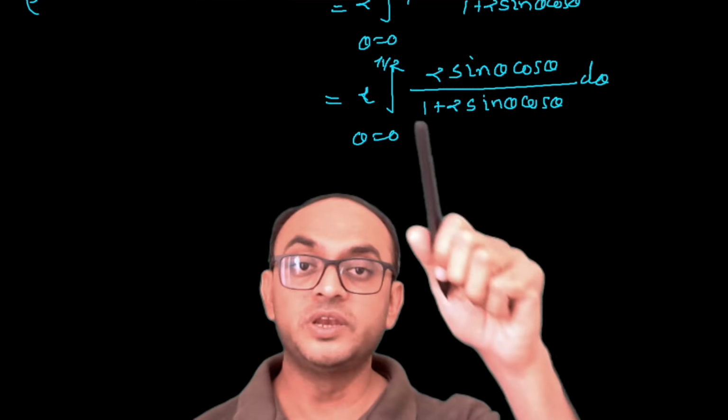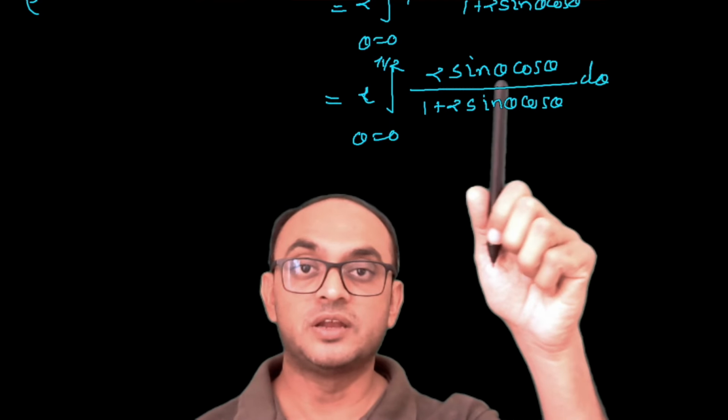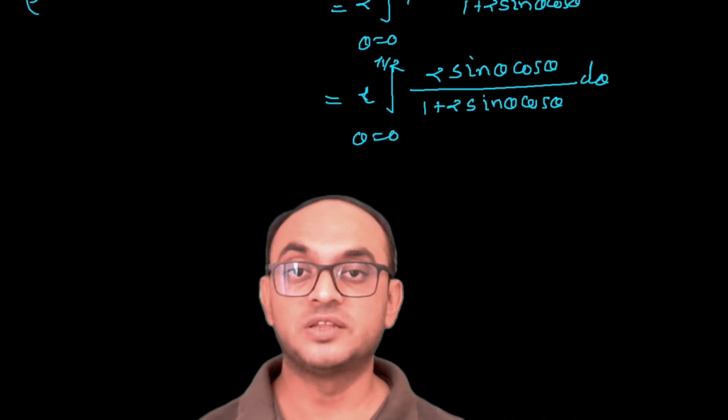Now see, how do you integrate this quantity, 2 times sin theta cos theta upon 1 plus 2 times sin theta cos theta?